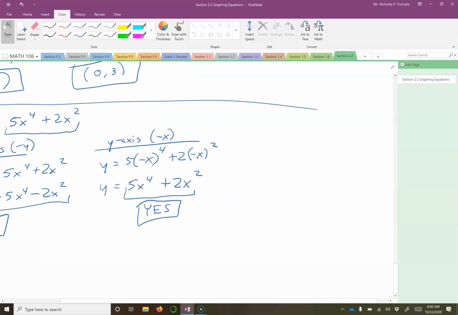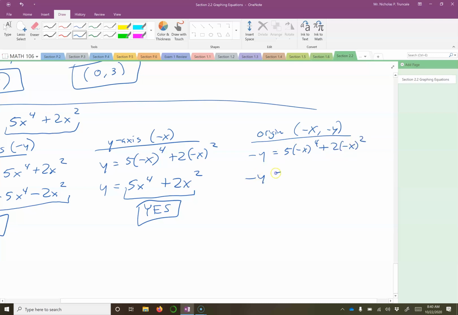The last type is origin symmetry, and you do both. You sub in negative x and negative y and go through pretty much both of these processes to get to that last point where y equals something and then check it against the original. So we have negative y equals 5 times negative x to the fourth plus 2 times negative x squared.